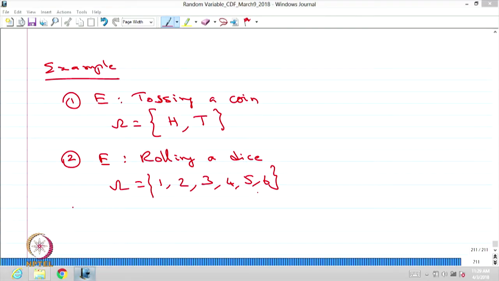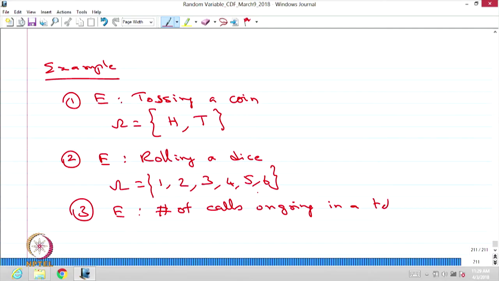Third example. The random experiment is the number of ongoing calls in a particular telephone exchange.